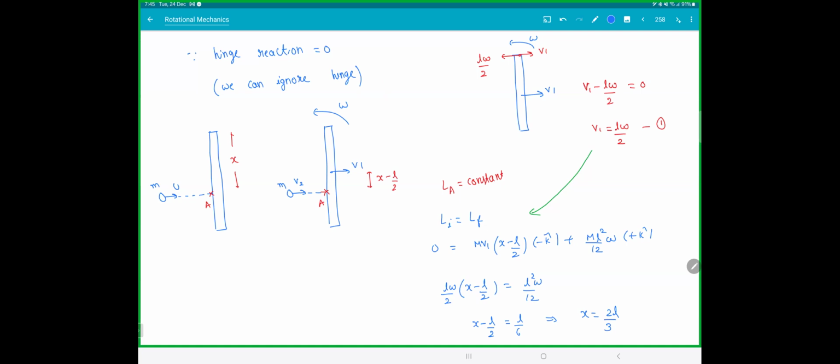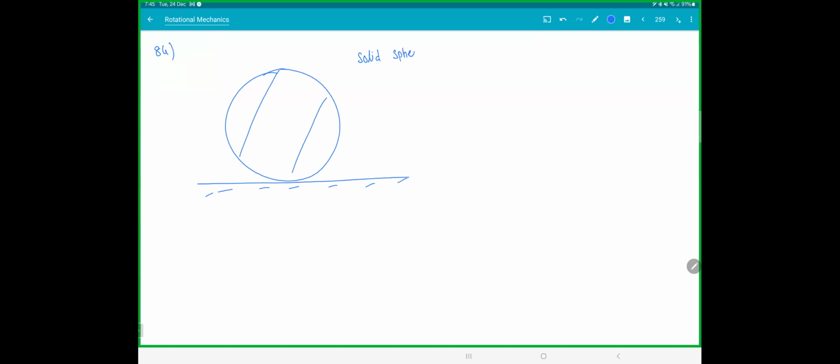This is one type. Next thing is the angular impulse. Let's say we have a solid sphere, mass m and radius r. Someone gave an impulse here, J, at a height h. What is an impulse?